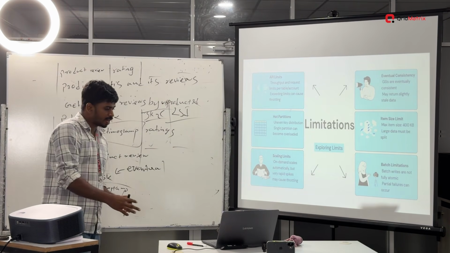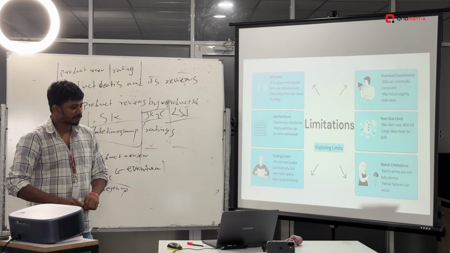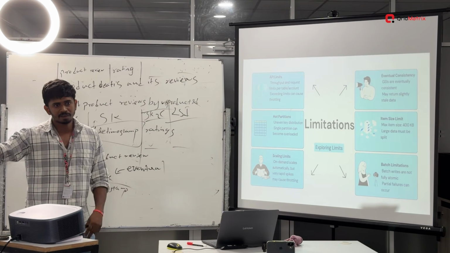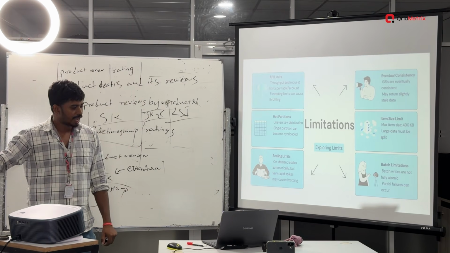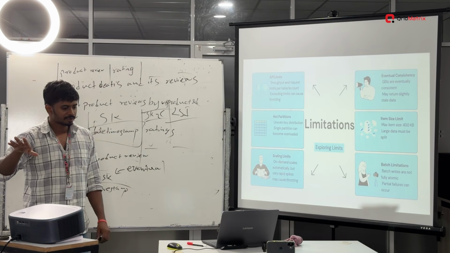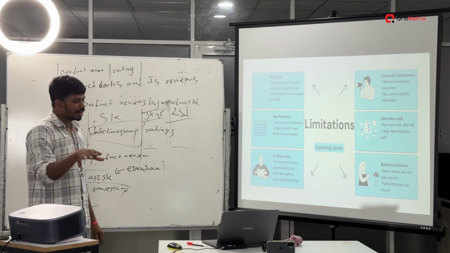So here we have some API limits also. For example, when you do a batch get item, the maximum it provides you is 100 items, and it should be under 16 megabytes. And when you batch write, it's 25 items. And when you query some data, it will be just 1 MB.